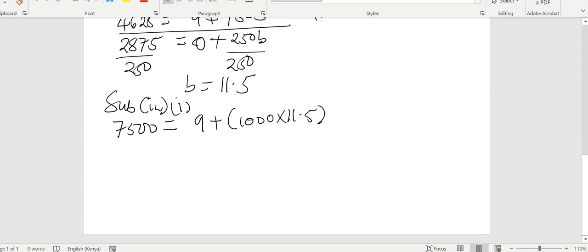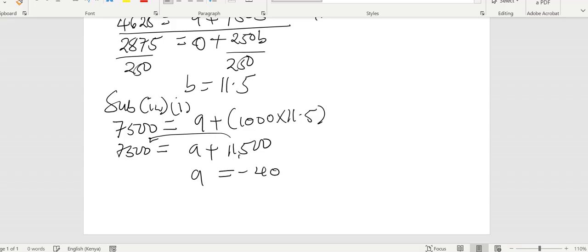So 7,500 equals a plus 11,500. The 11,500 comes to the other side, you subtract: negative 4,000.